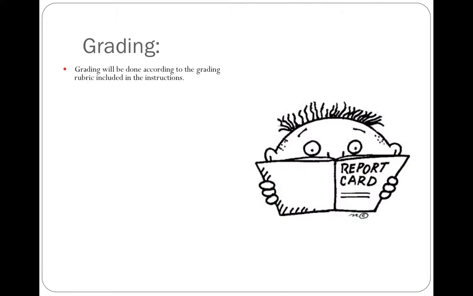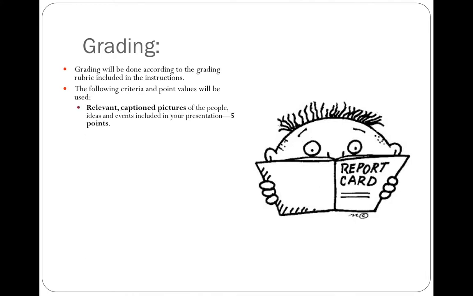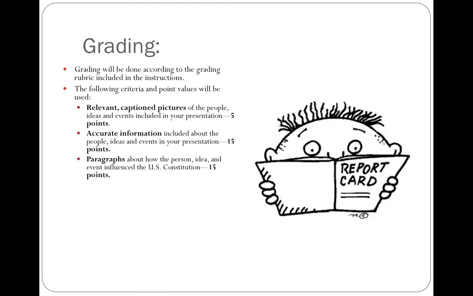Grading. Grading will be done according to the grading rubric included with the instructions. The following criteria and point values will be used. Relevant captioned pictures of the people, ideas, and events in your presentation, 5 points. Accurate information included about people, ideas, and events, 15 points. Paragraphs about how the person, idea, and event influenced the Constitution, 15 points.